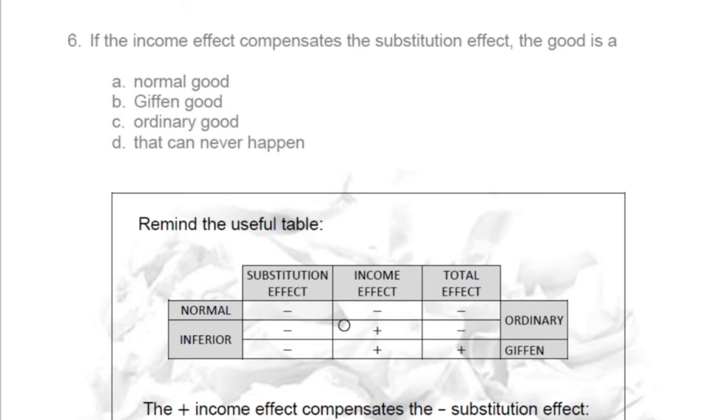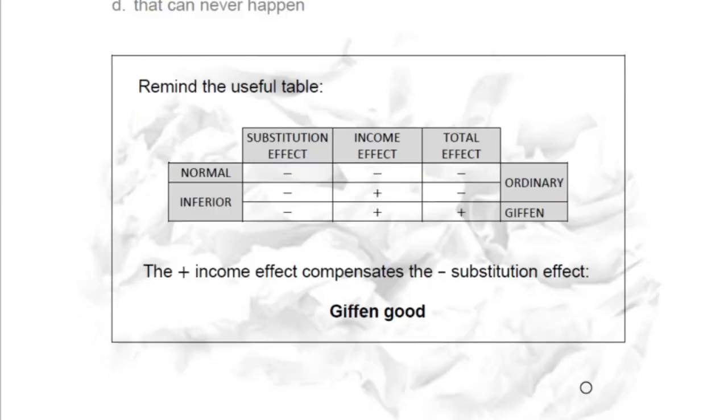So when I talk about compensating this effect, I'm talking about the possibility of the income effect being higher in absolute value than the negative sign of the substitution effect. So the sum becomes positive. That happens to Giffen goods. Okay, perfect.